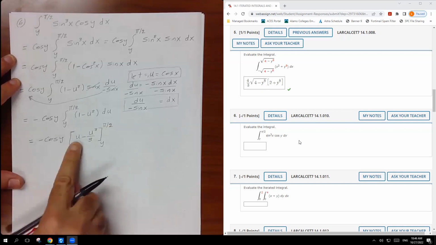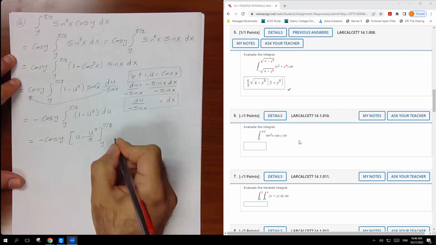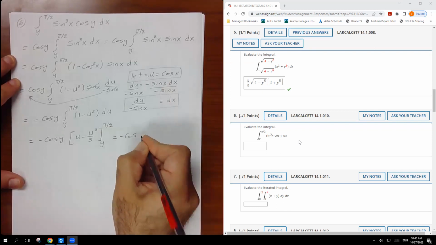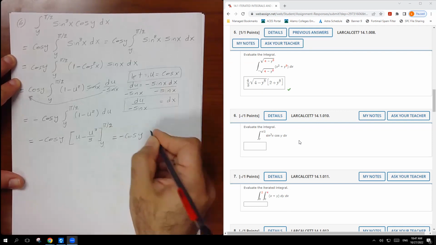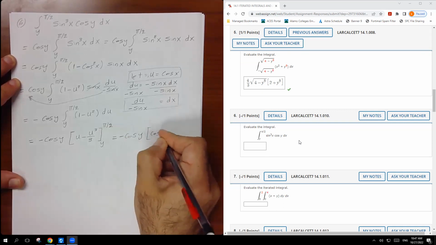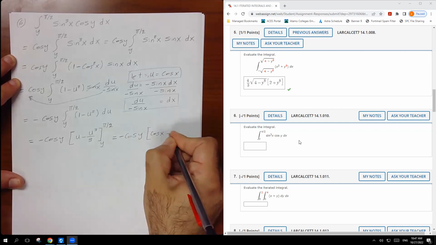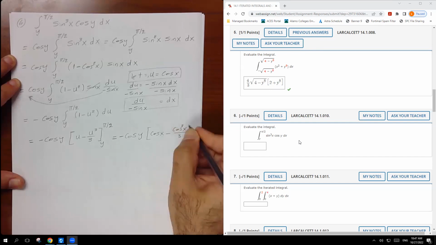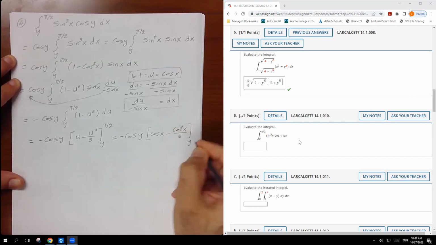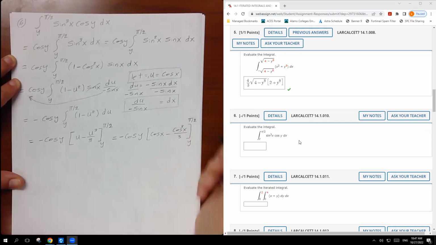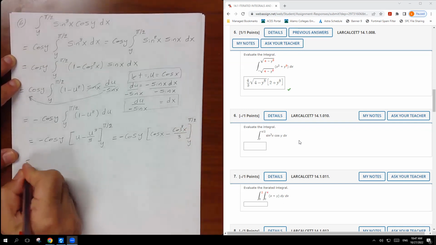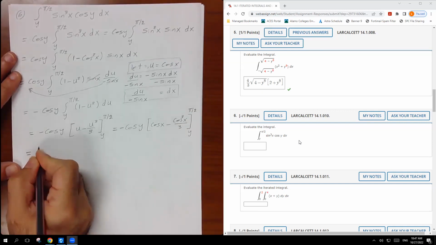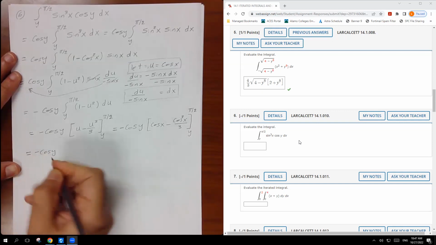Then let's bring back the u, which is cosine. So that means this one is going to be equal to negative cosine y, and here is cosine x minus cosine cubed x over 3, from y to pi over 2. Then plug in these. Let's keep the negative cosine y.